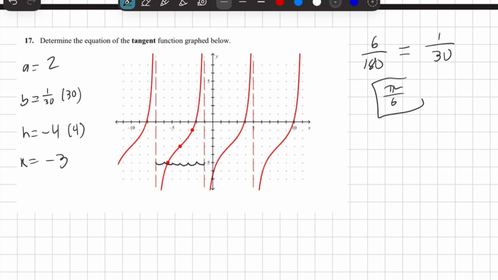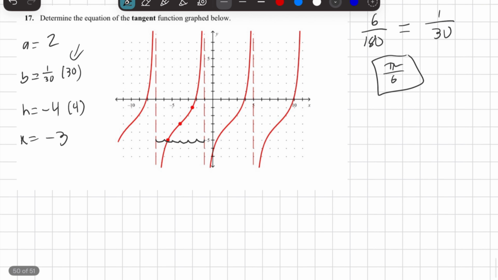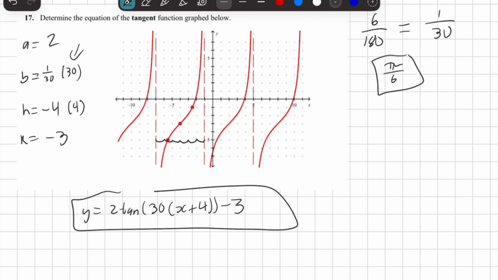So you can write it using this or this, but for this one, I'm just going to do degrees. So the equation for this is y equals 2 tan 30 times x plus 4, -3. And that's your equation there.